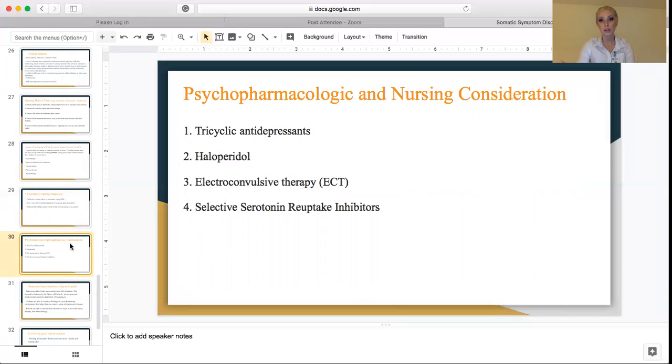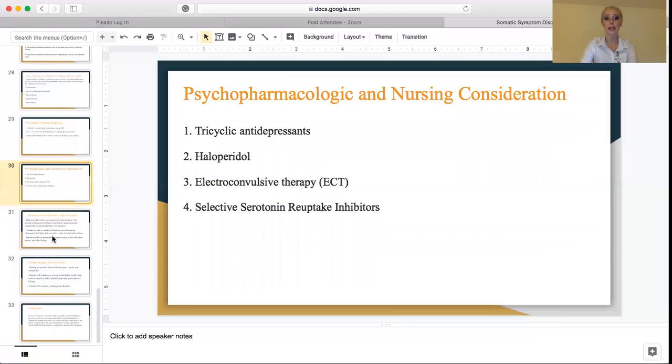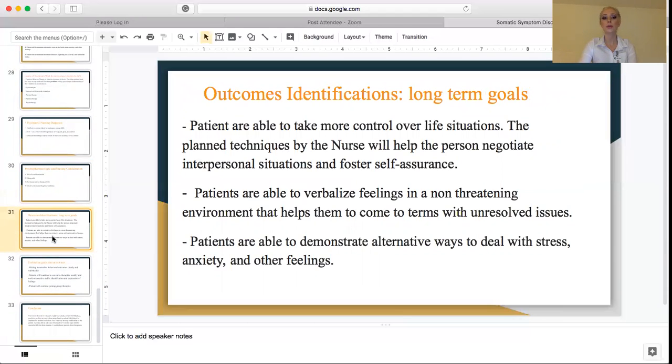Pharmacologic and nursing considerations, tricyclic antidepressants, haloperidol, electroconvulsive therapy, which I think is a very aggressive therapy, and selective serotonin reuptake inhibitors. Long-term goals, the patient will be able to take more control over life situations.